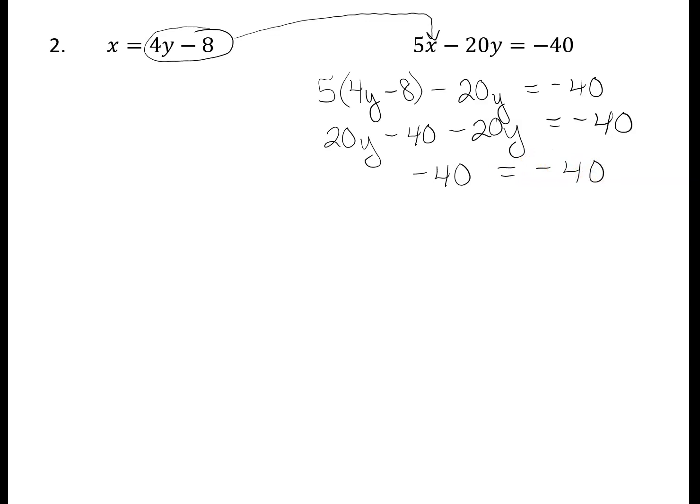So we end up with a true statement with no variables in it. And if you go back to that slide that had the 3 possibilities, we know that a true statement means this system has infinite solutions.